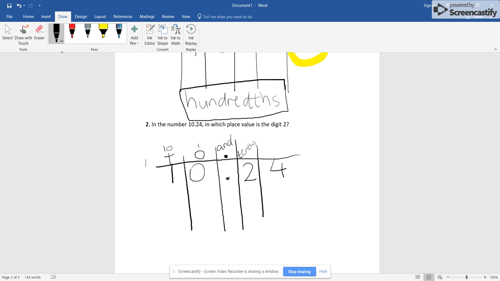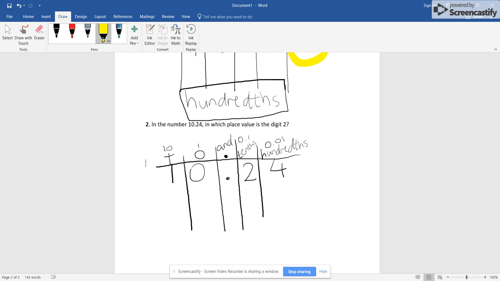And how do you write that? 0, decimal, 1. And to the right of the tenths place, we have the hundredths, and we write it as 0, decimal, 0, 1.